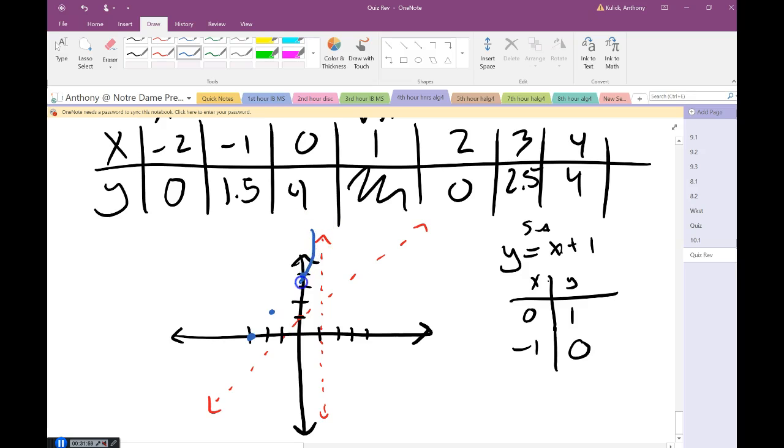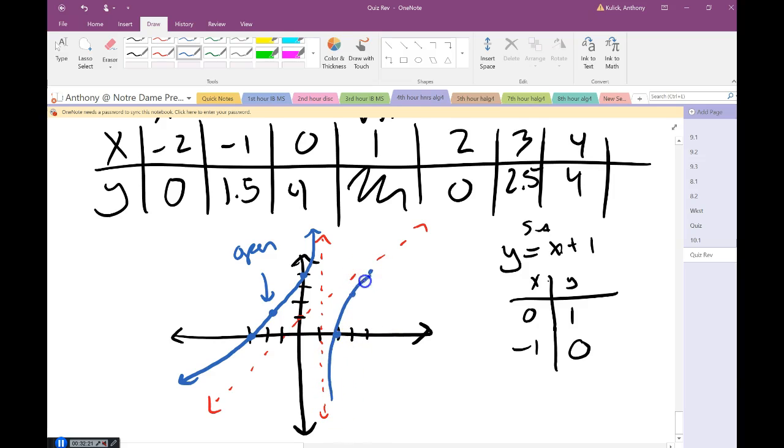So we're going to come in and do like one of those. Oops, what did I forget to do though? That should have been open. Why is that open? It's the removable discontinuity.